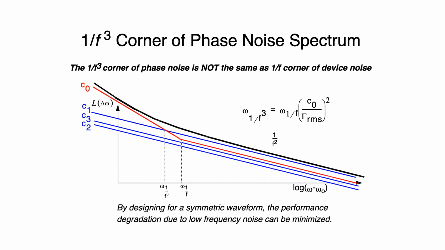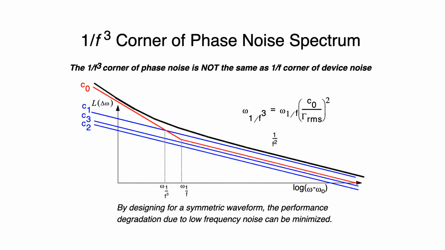So the total power due to the white noise becomes equal to the power of the 1 over f noise, and that allows you to calculate it. You can see that the omega 1 over f cubed corner is where the total output power spectrum, this black curve, which is the sum of all of these, is in linear, this is a log plot. At that point, the sum of all the other ones is equal to that, and that allows you to calculate what that corner would be.